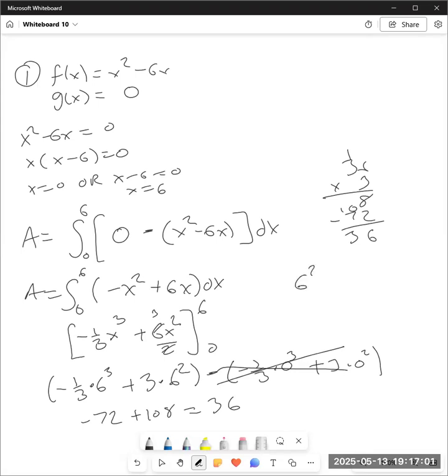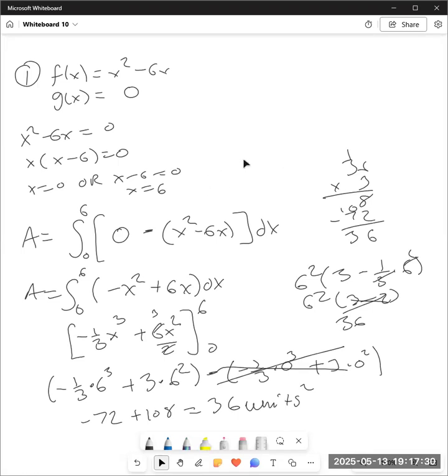It's also 6 squared times 3 minus 1/3 times 6. 6 squared times 3 minus 2 is 1. 6 squared is 36, yes. Okay, so the answer to number 1 is 36 square units of some kind, because we're talking about area.